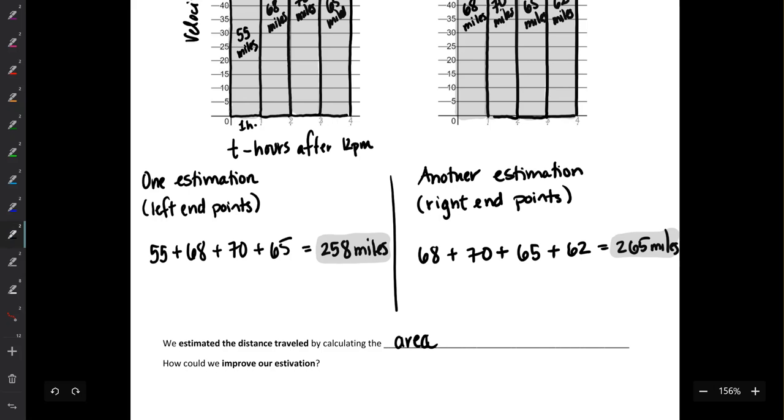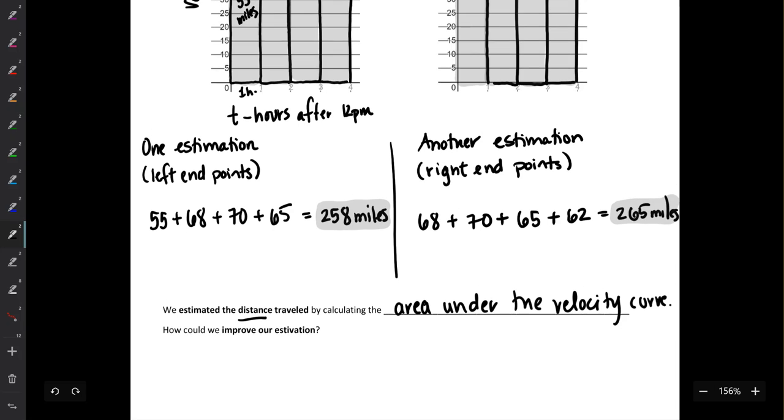So crazy. Estimating distance by calculating an area. We calculated the area under the velocity function, or just curve. I'm going to write curve. Right? And that feels super, super strange.